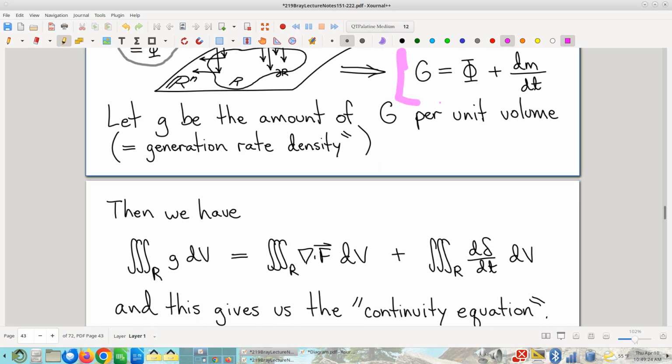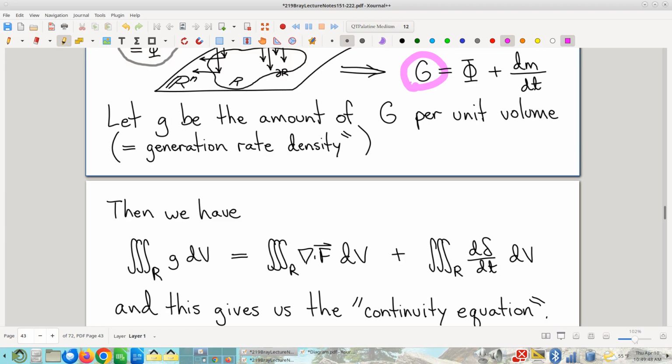Everything in this equation I can think of as an integral in different ways, to be fair. But let's think about this total generation rate of fluid. The stuff gets created by different amounts in different places. In the light bulb example, all the generation is happening where the LED is.